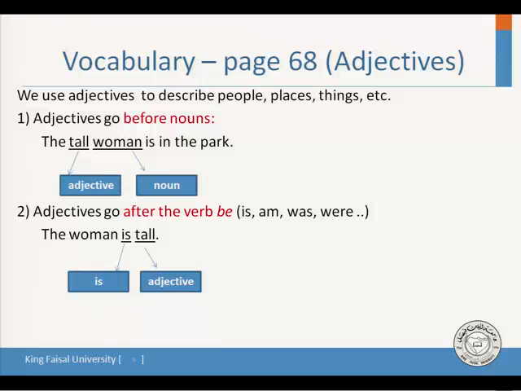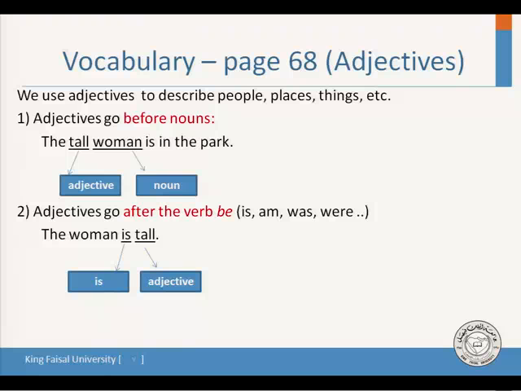Look at the example. The tall woman. Woman is a noun, and tall is an adjective. So first the adjective, then the noun. The tall woman is in the park. Now, adjectives also go after the verb be, like is, am, was, were.